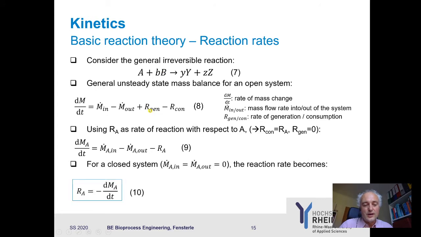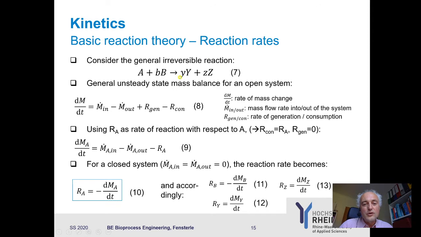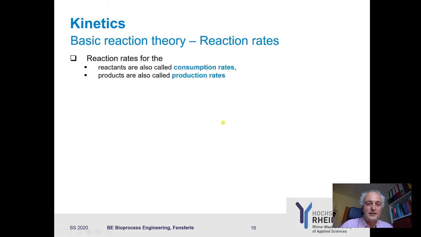For RA, we have RA equal to minus dMA/dt. If I have growth, my biomass is in general here. I have my substrate and maybe my nitrogen source, then I get my biomass, product and so on. It doesn't matter. But at the end, if Y is my biomass, I get RY, the rate of formation of biomass, dMY/dt. So this is what we can directly use.